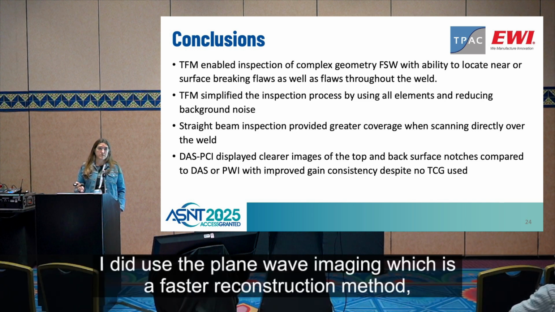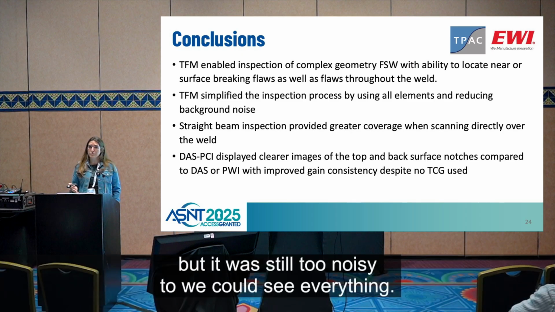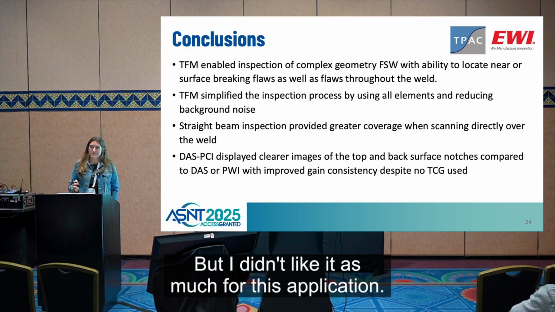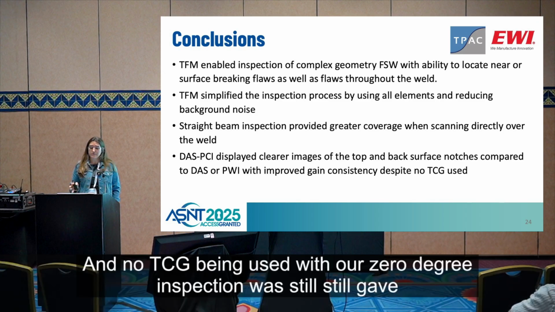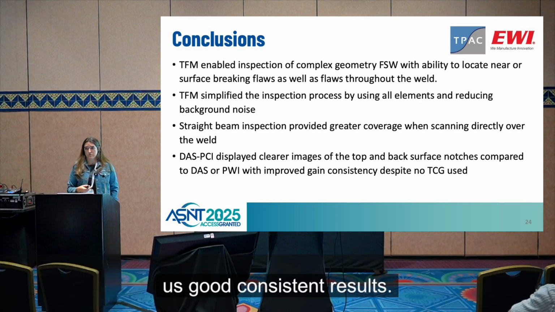I did use the planar wave imaging, which is a faster reconstruction method, but it was still too noisy. We could see everything, but I didn't like it as much for this application. And no TCG being used with our 0 degree inspection still gave us good consistent results.